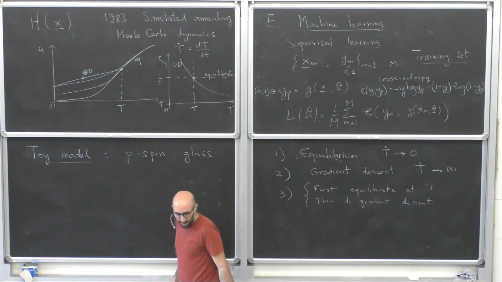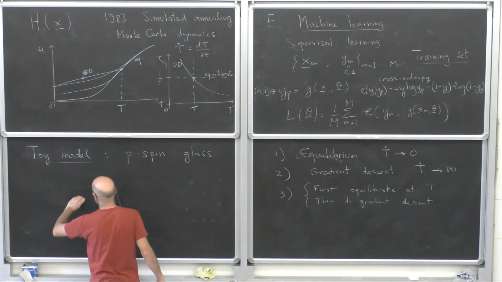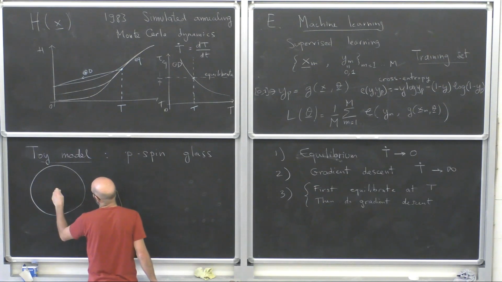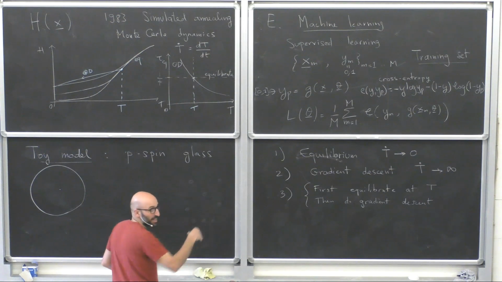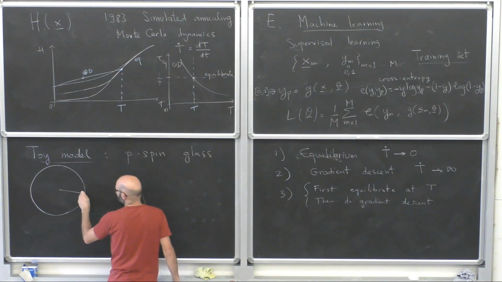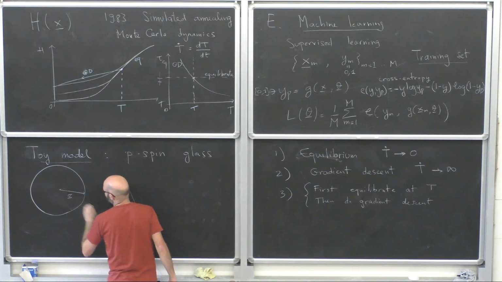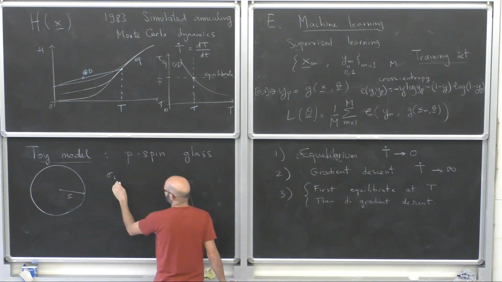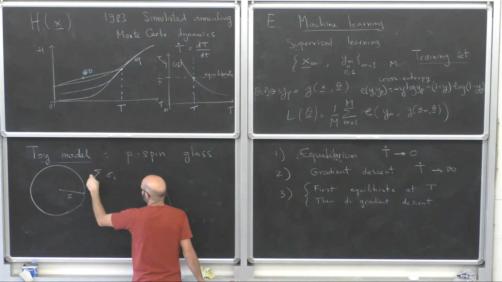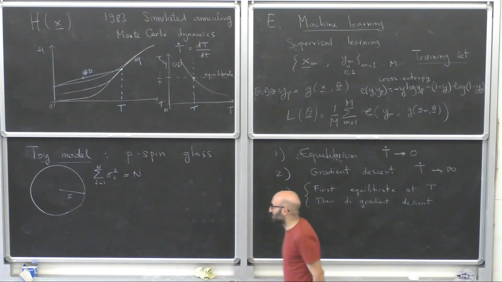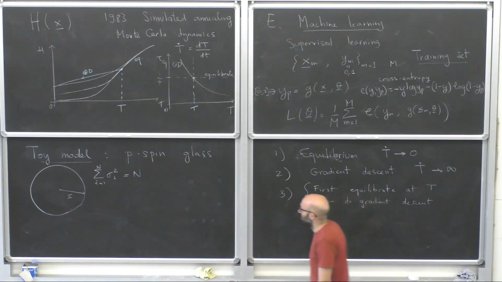How does it work? Well, it's very easy. You take a sphere. In order to do gradient descent, we want to have continuous variables. So we take a vector sigma on the sphere. Sigma is a vector with n components, and there is a constraint that the square of sigma is equal to n.